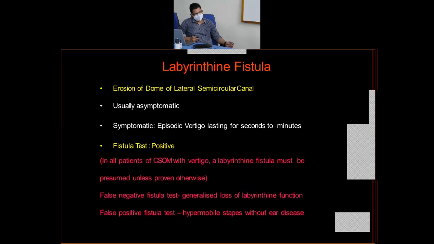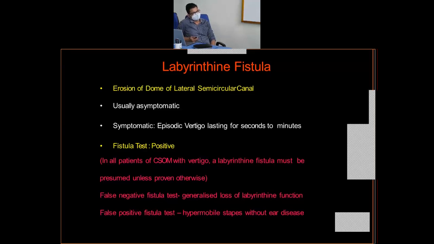Then after labyrinthitis, there is labyrinthine fistula. Fistula means communication. There will be some perforation or erosion in the semicircular canal dome, promontory and so on. So it communicates with the semicircular canal or vestibule.